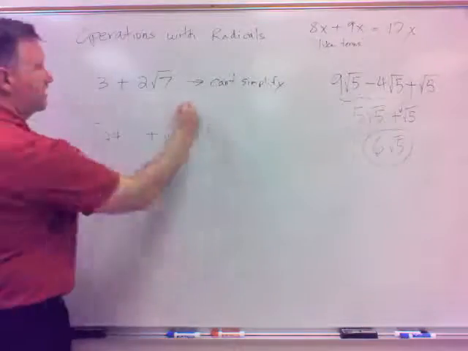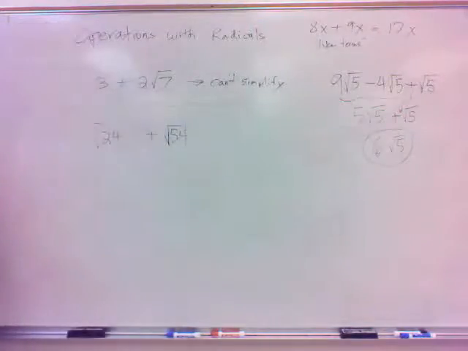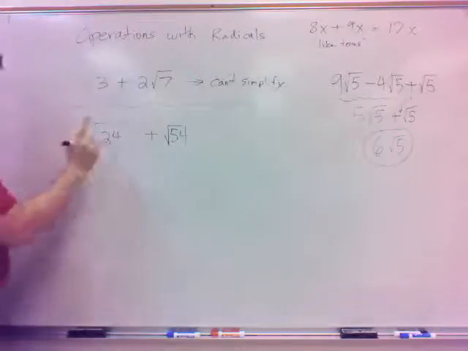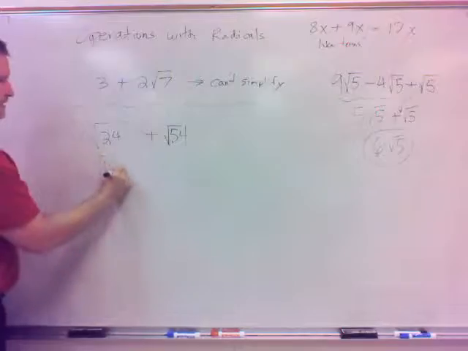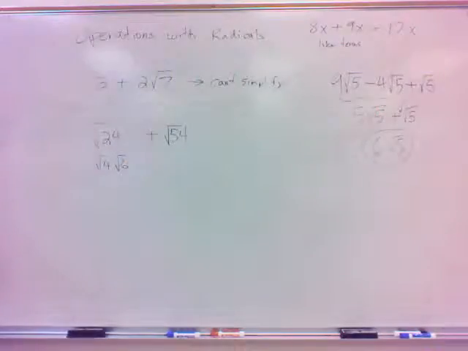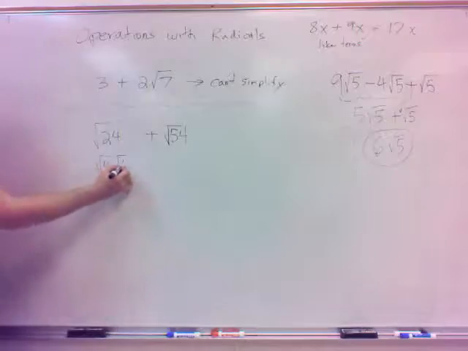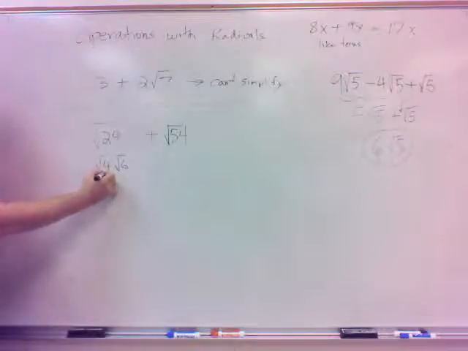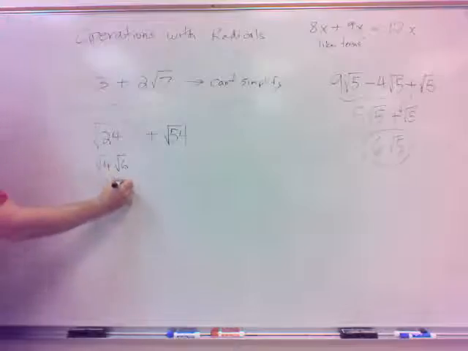I can take the square root of 24 and I can simplify it using things we talked about previously. How could I simplify square root of 24? 12 and 2, well, 6 and 4, yeah. 6 and 4. Let's break it down as the square root of 4, square root of 6. 24 is 4 times 6, so square root of 4, square root of 6 is good because then you can break down 2 square root of 6.